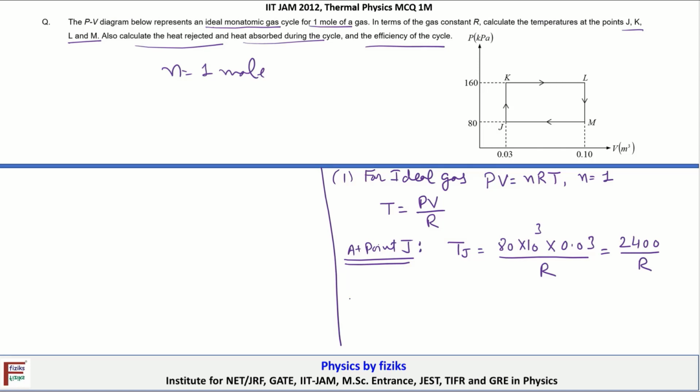Now at point K, let's call the corresponding temperature Tk and apply the same equation.